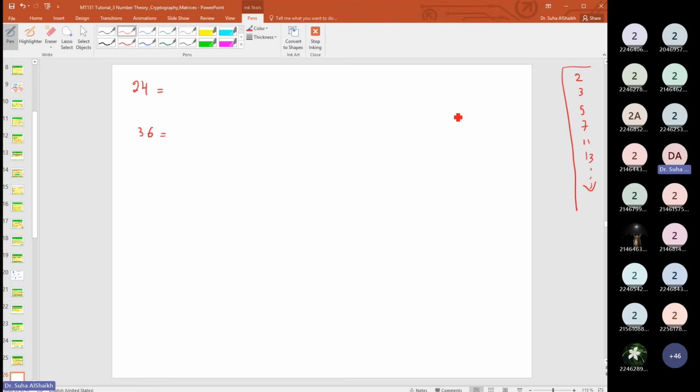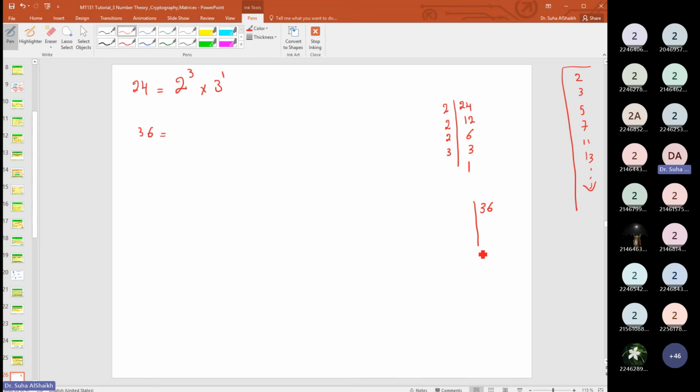Use it to prime factorize the 24. The 24 is divisible by 2, and the result is 12. Divisible by 2, the result is 6. Divisible by 2, 3, 3, and 1. So we can say that 24 is 2 power 3 multiplied with 3 power 1. Right?